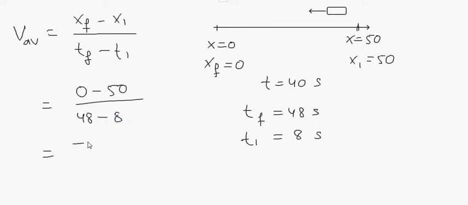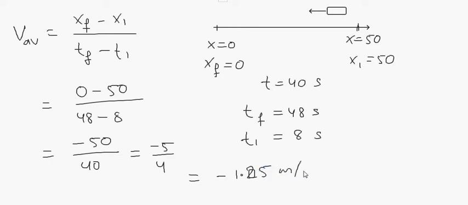That gives you minus 50 divided by 40, which is equal to minus 5 divided by 4, which is minus 1.25 meters per second.